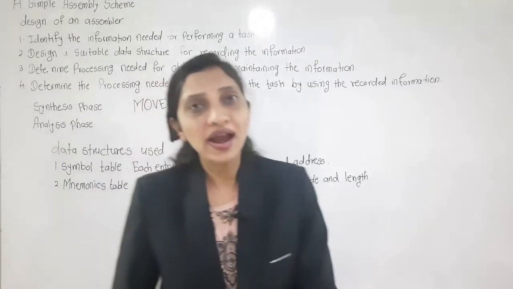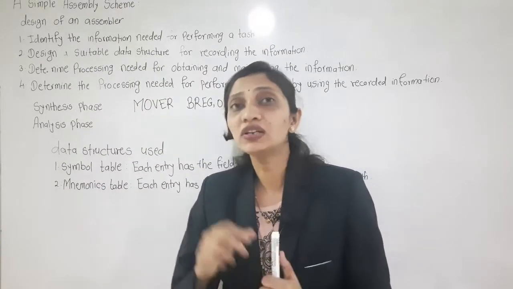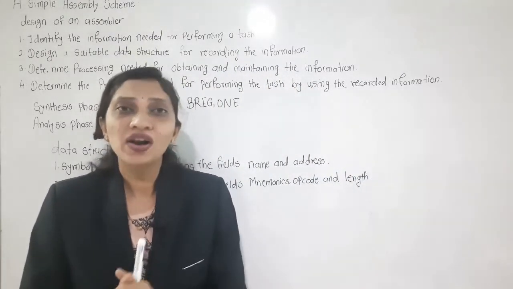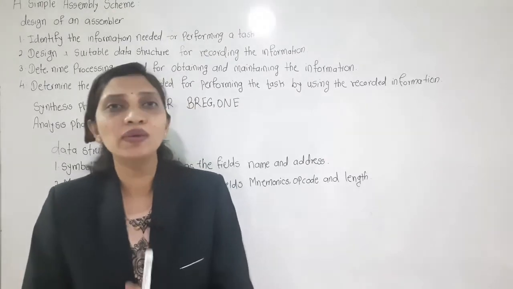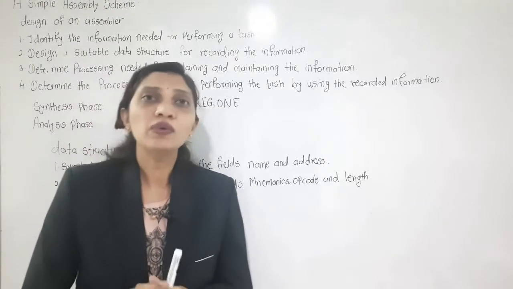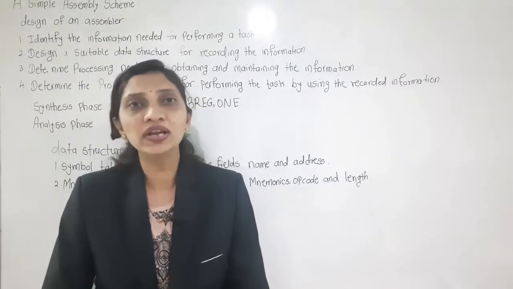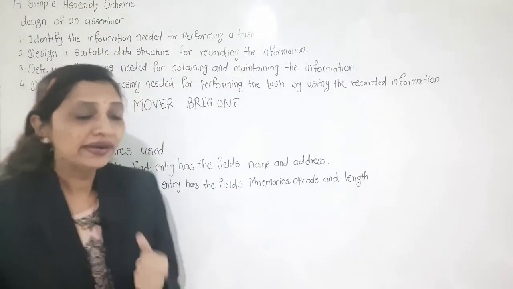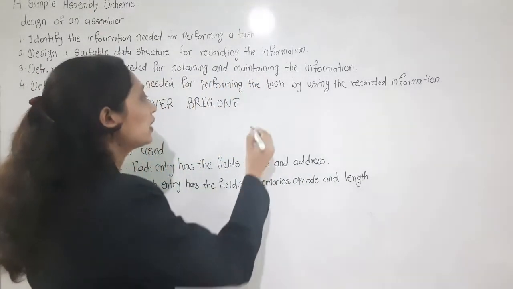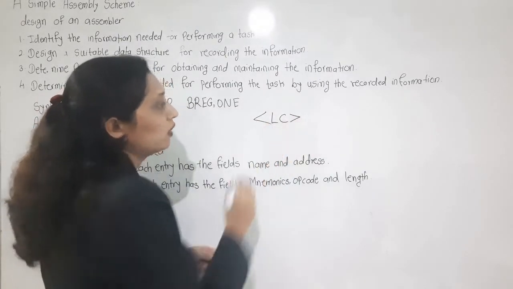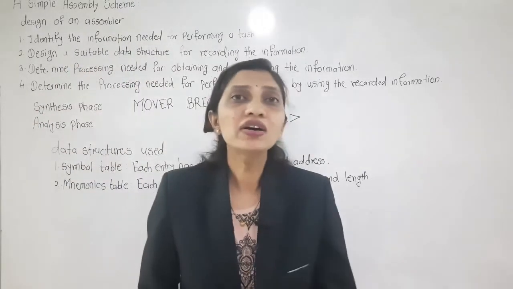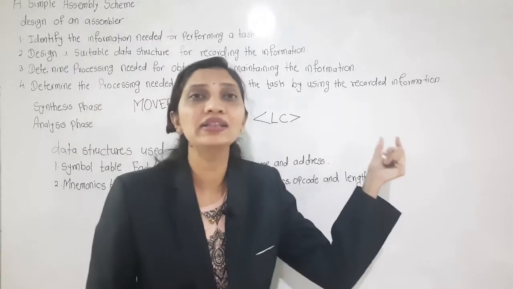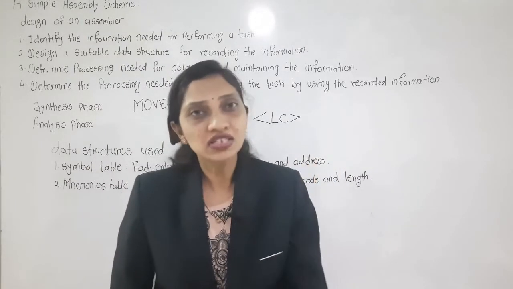To give this address, one location counter is there. The location counter performs the functioning of memory allocation. When the START statement appears, at that time your location counter is set to the address which is given in the START statement.